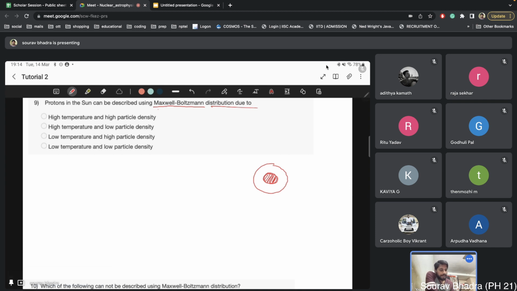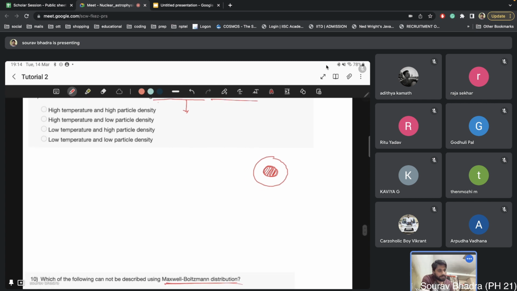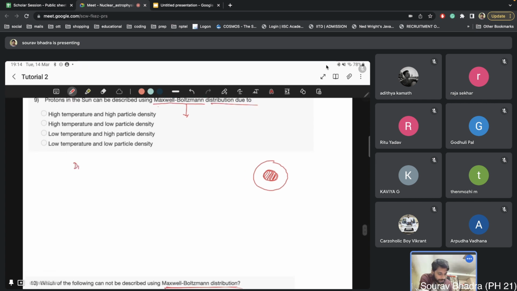Okay. So, Maxwell-Boltzmann distribution is a thermal distribution, and it is valid in the classical regime only. Classical regime means when the distance between two atoms is greater than the de Broglie wavelength. So, if this condition holds, that means classical limit.